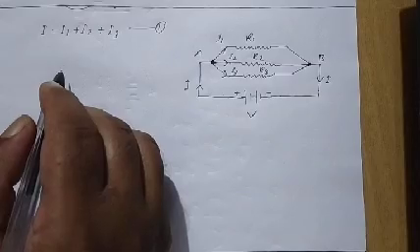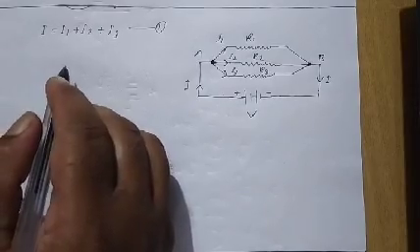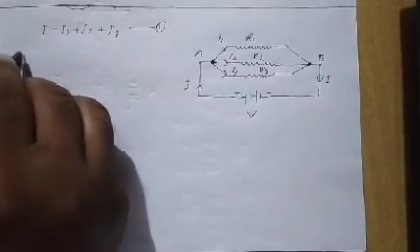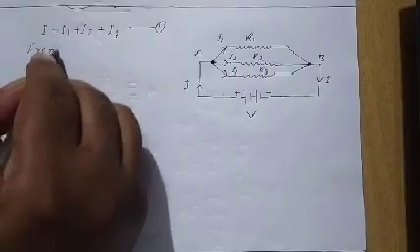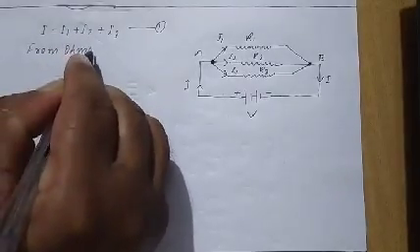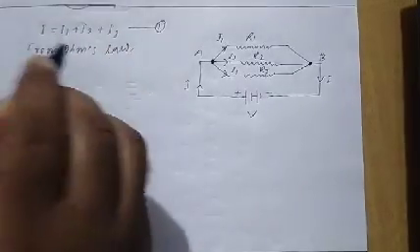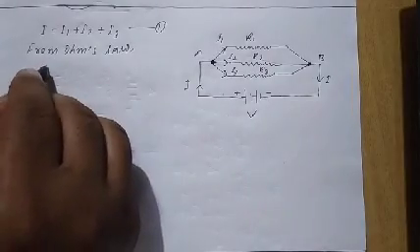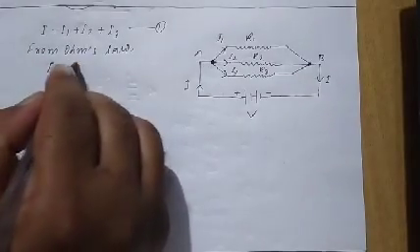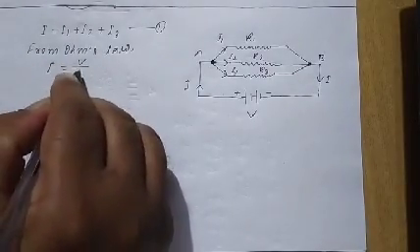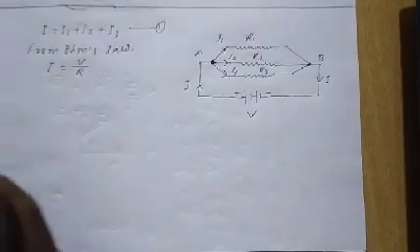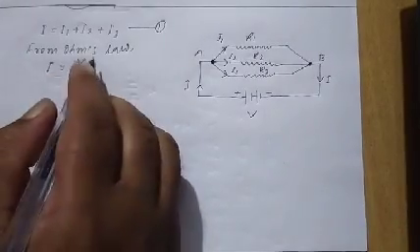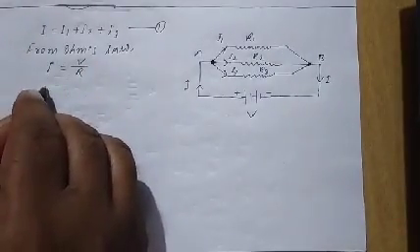Then what do we know from Ohm's law? From Ohm's law we know current I is equal to V upon R, right? Similarly for I1, what will we get?